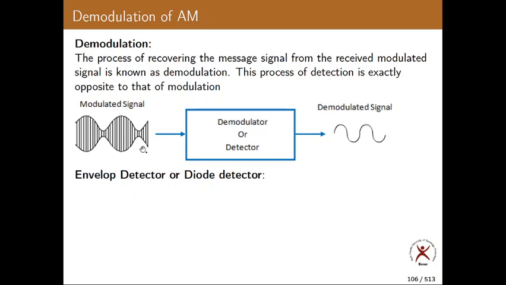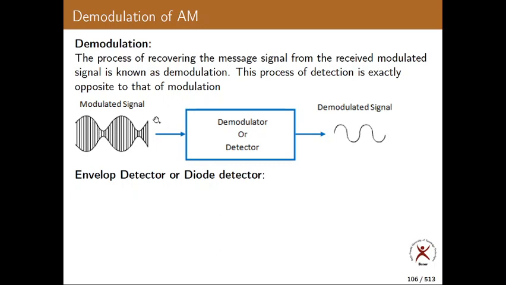Now, I told you about this AM signal in the last classes. In AM, the envelope follows the message signal. Otherwise, in AM, the envelope contains information about the message signal.